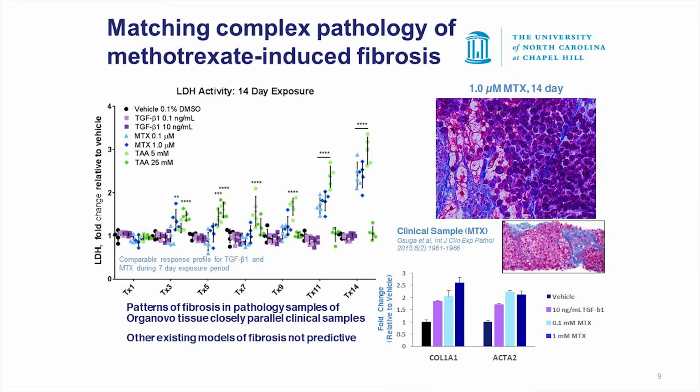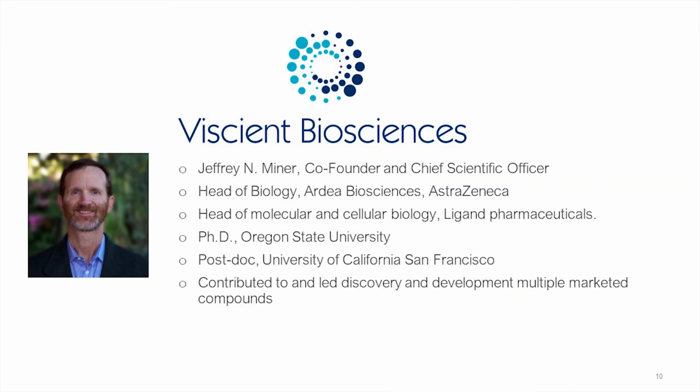And this leads to opportunity in a number of ways, and specifically is one of the things that led to what I'm doing next, which is that we started up a new company called Viscient Biosciences. Viscient is overall a company that will take advantage of these new drug discovery opportunities, these new models. So we believe broadly in the power of these models to be predictive.